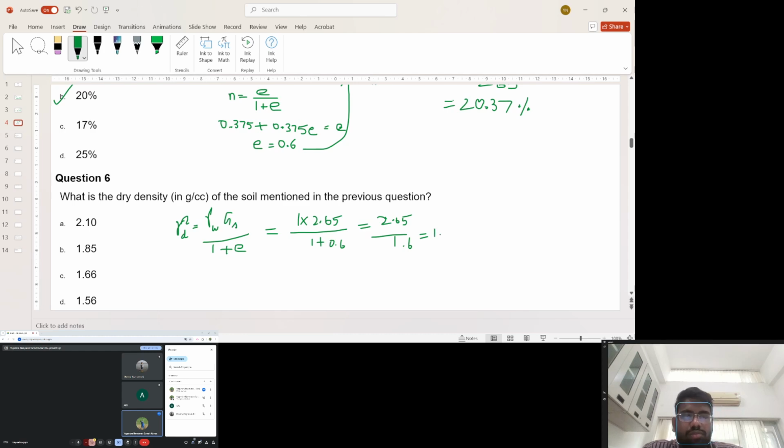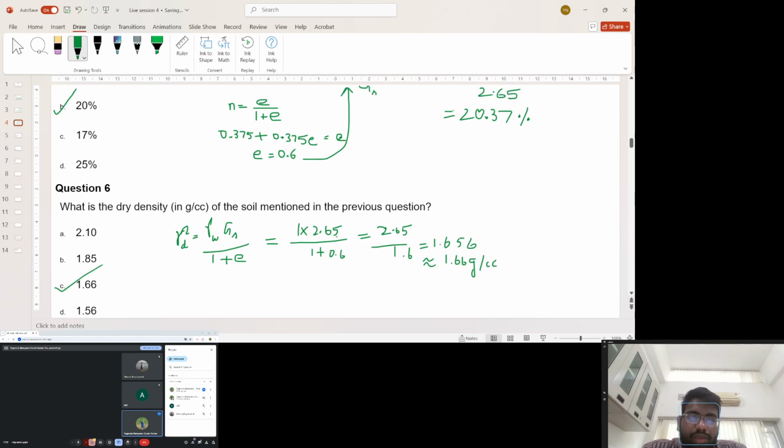It comes to 1.656, which can be rounded off to 1.66 gram per cc. Alright, so the answer will be this one.